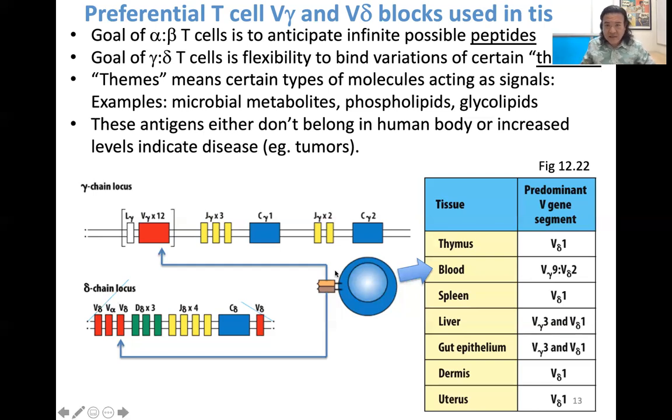We've mentioned gamma delta T cells previously because we said when T cells are forming in the thymus, right? Remember when the VDJ recombination starts happening in these precursor cells that came from the bone marrow, they got into the thymus, then the thymus tissue is encouraging the precursor cell, forget about being an NK cell or whatever, right?